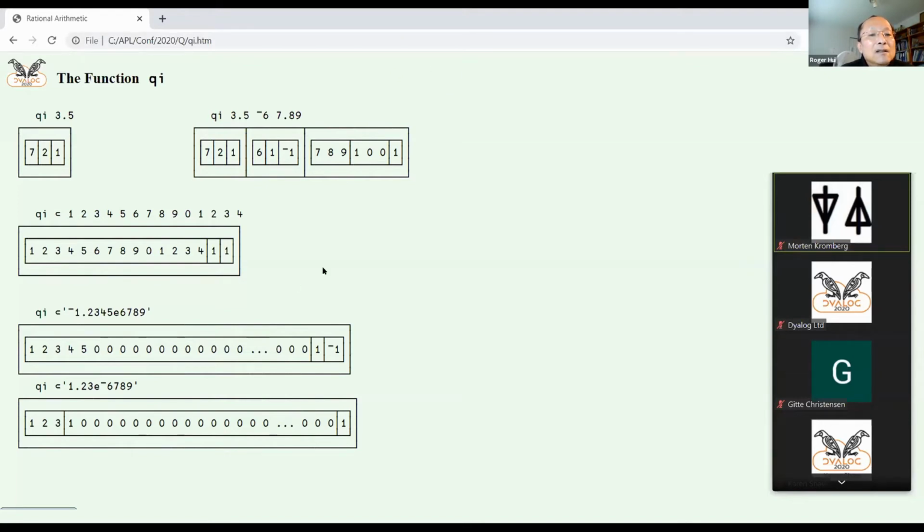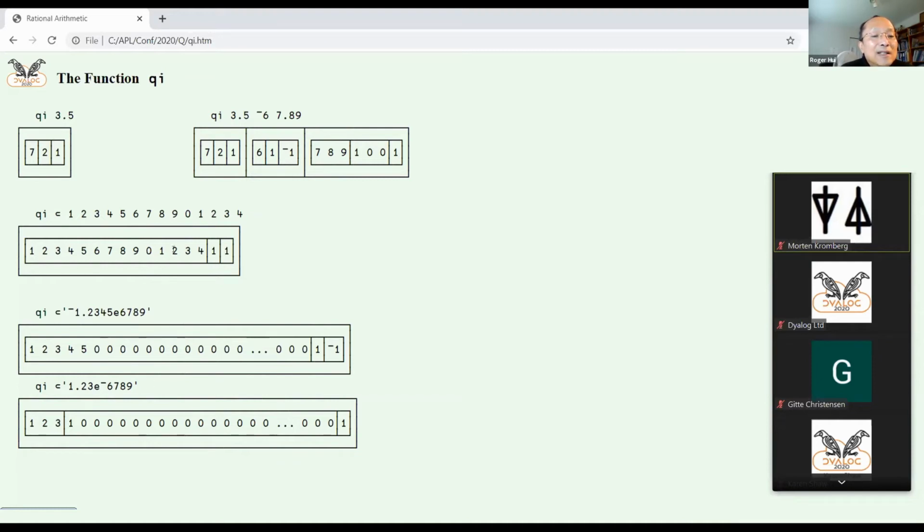And as well, it applies to enclosed arrays. So if you have rational numbers with extended precision, you can just enclose the digits of the number that you want to represent, and qi would convert it into a rational number.